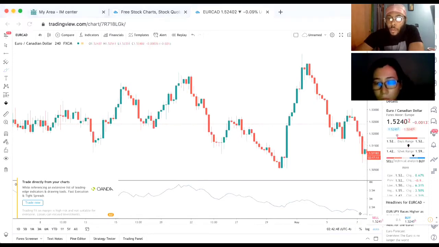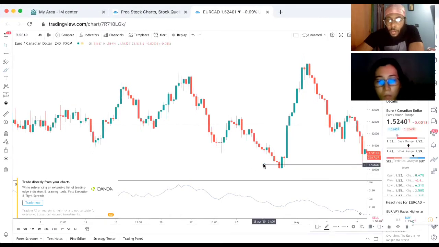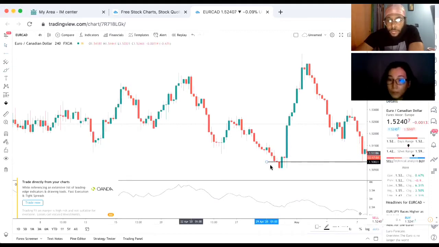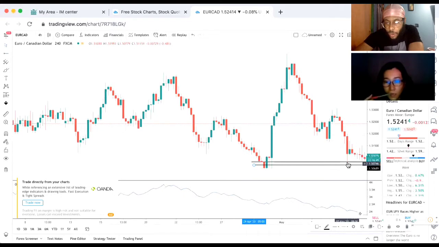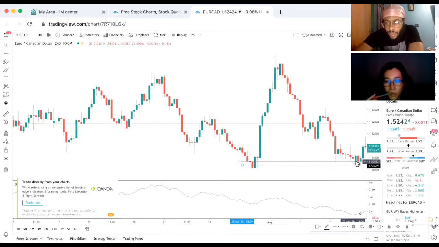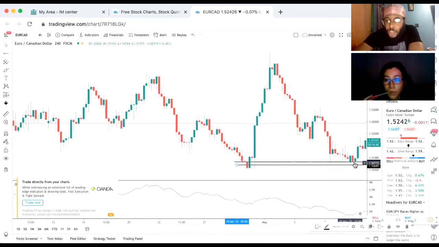We could have marked the top of it and the middle of it. And look what price did. Price literally came down and just tapped right off of it, and that would be your entry.